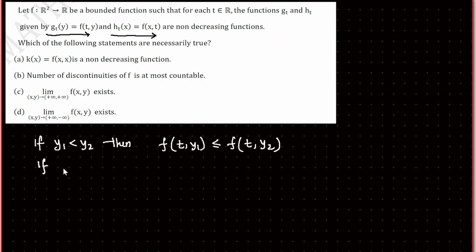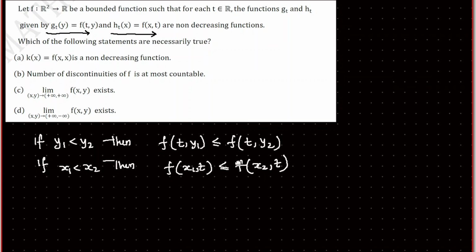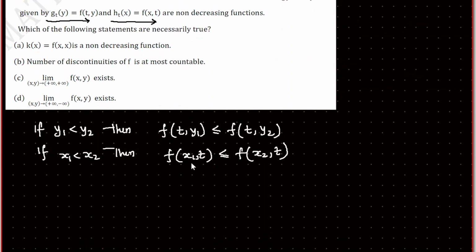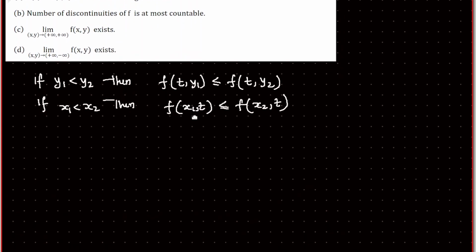And similarly, if x1 is less than x2, then we have that f of x1 comma t is less than or equal to f of x2 comma t, right? The first option asks if f of x comma x is a non-decreasing function.